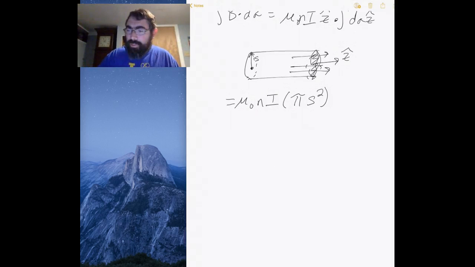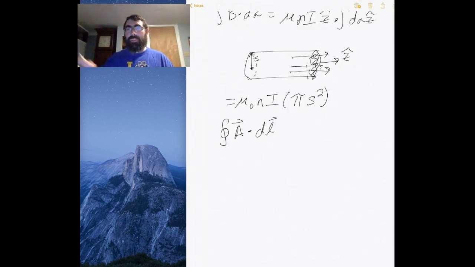Therefore, the integral of the magnetic potential over the path, or the circumference of the end of the solenoid, is going to be equal to our flux, which is mu 0 N i pi s squared.